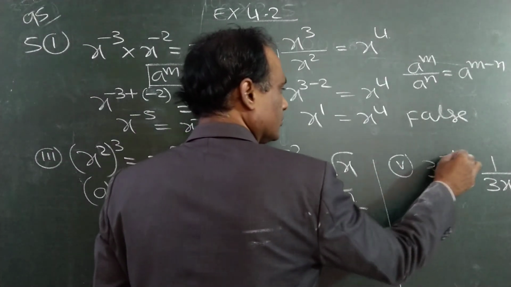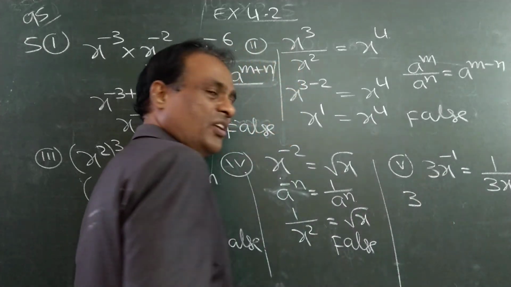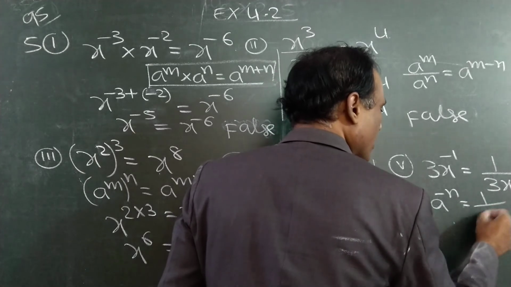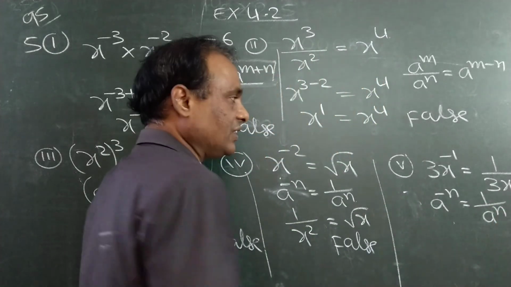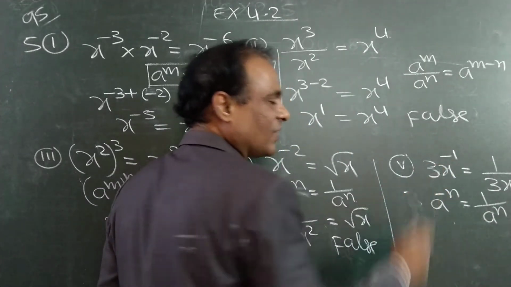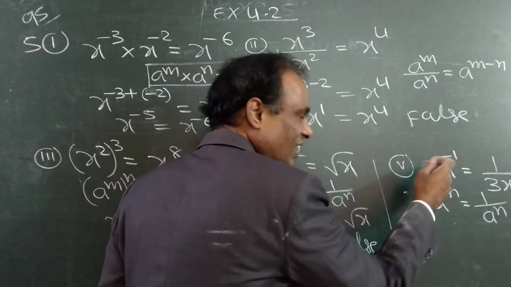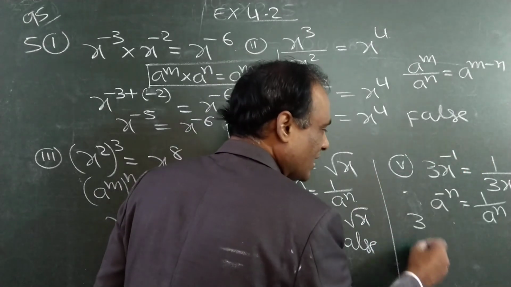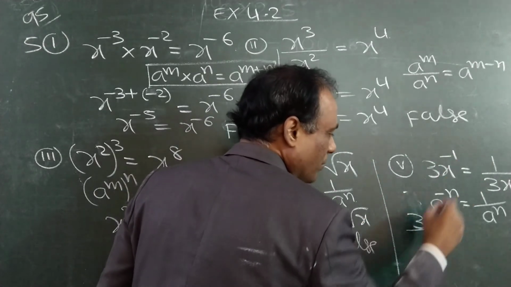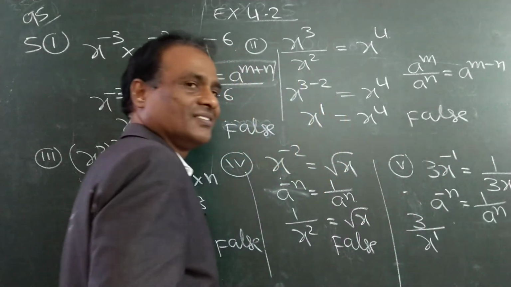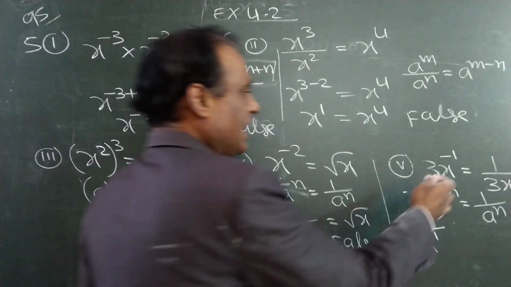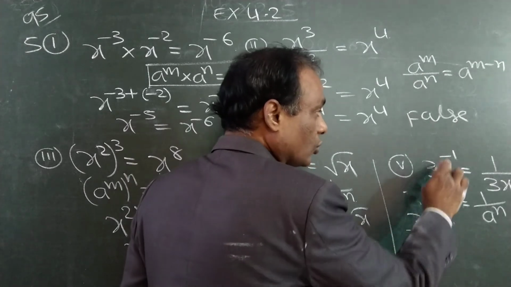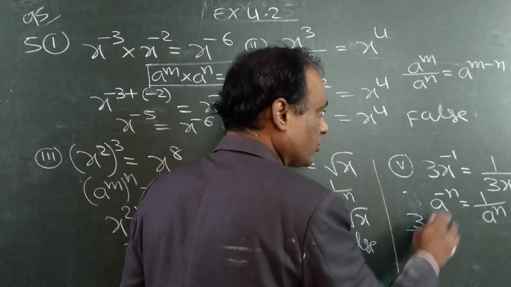See here. When power is negative, we write in the denominator. This minus power is for 3 or for x? It is only for x, not for 3. 3 will be same. x power minus 1 will come into the denominator because of the negative power, so that minus will become plus, x power plus 1.